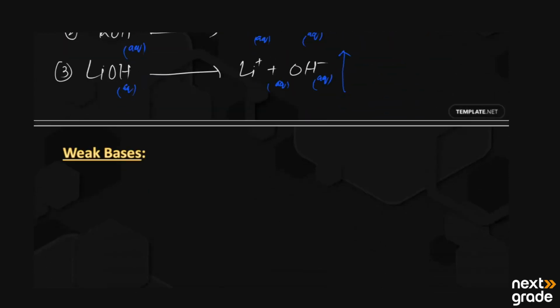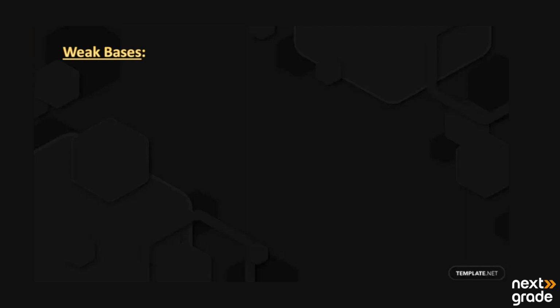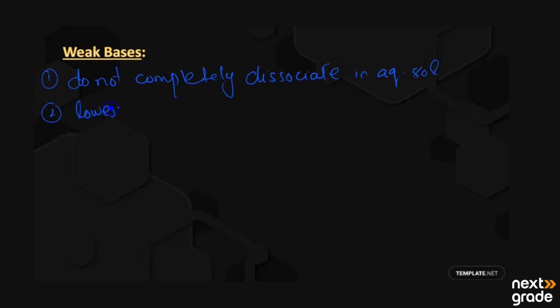Next we have the weak bases, which are the inverse of the strong bases. Weak bases do not completely dissociate in aqueous solution, and they do not produce a higher concentration of hydroxide ions; they produce a lower concentration of hydroxide ions.